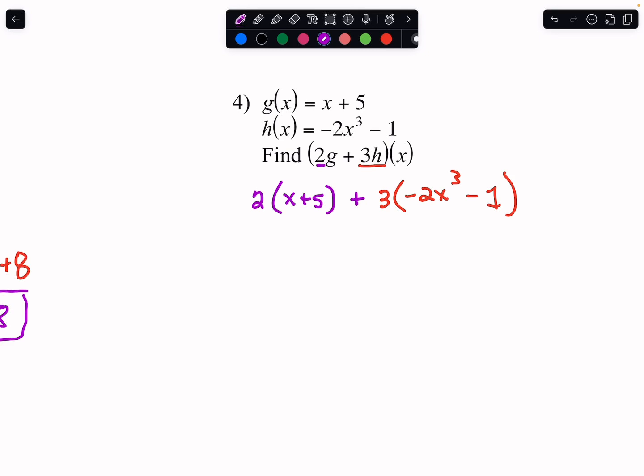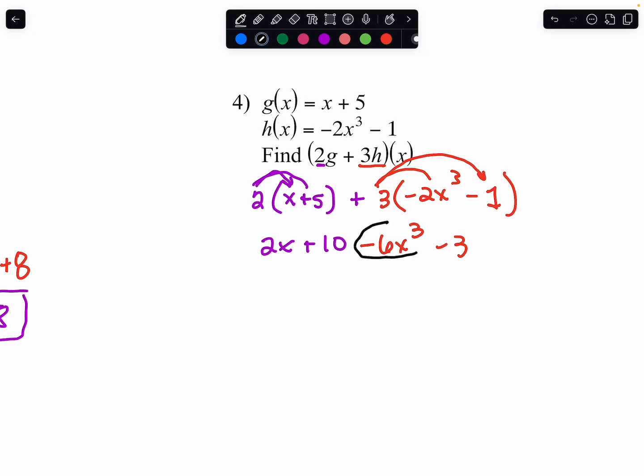Okay, so this ends up becoming 2x plus 10. And then I end up with negative 6x cubed. And 3 times negative 1 is a negative 3. I'm going to go ahead and write my final answer and also combine like terms.